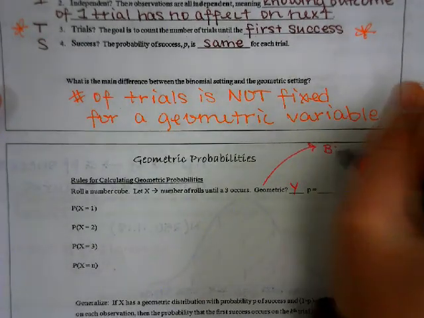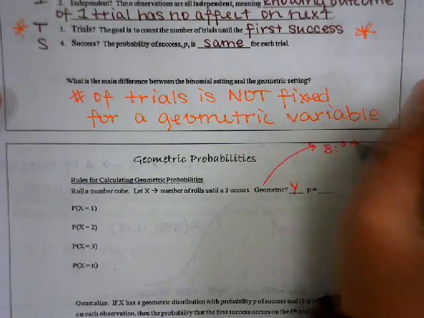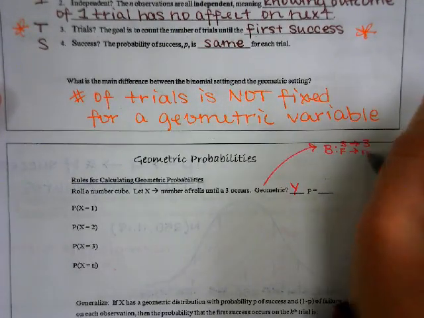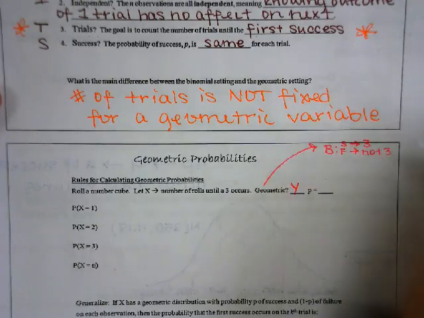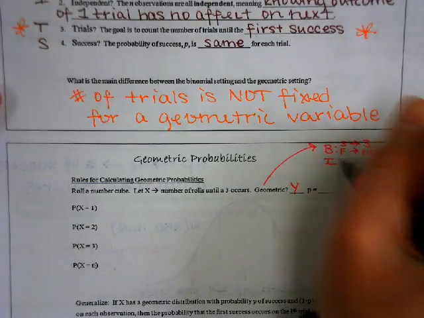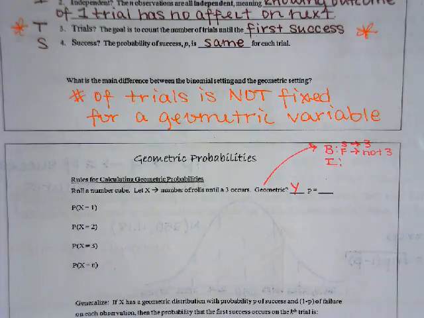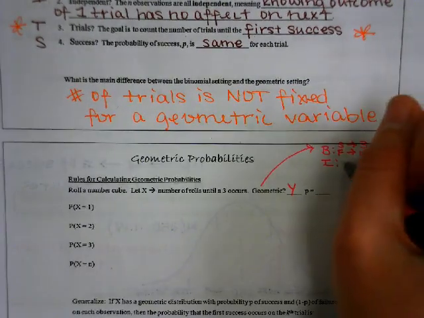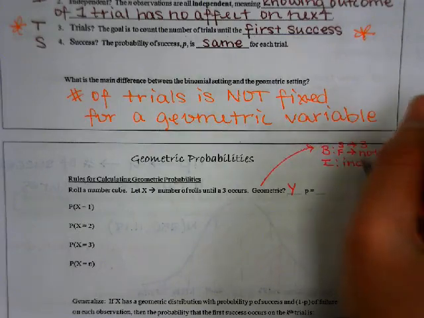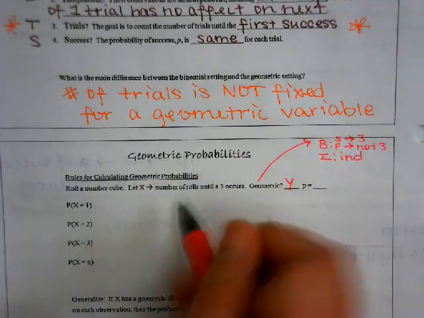A failure is anything not a 3. Rolling a die is independent, so knowing the outcome of one die roll has no effect on the other. The number of trials is not fixed because we're just going to go until we get a 3.